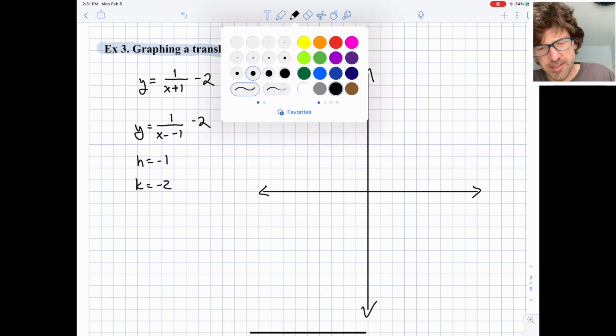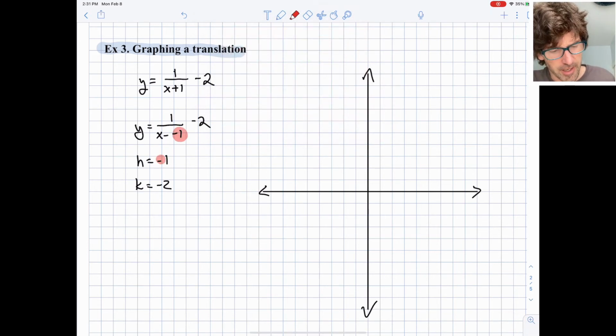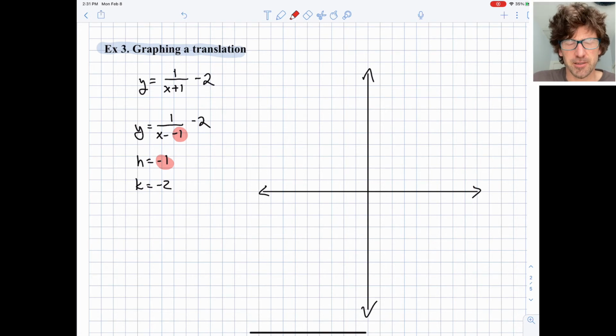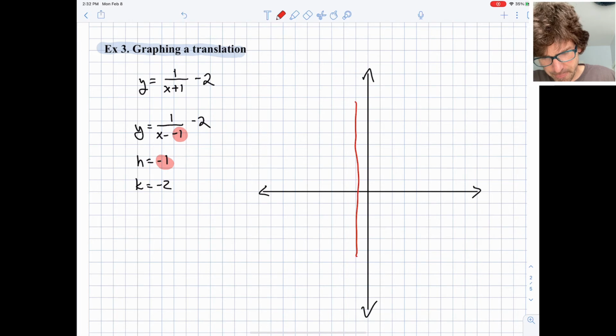So really we can see that the value of h itself is -1, x minus a -1. So h is -1, k is -2. So our vertical asymptote is going to be at x equal to -1. And our horizontal asymptote is going to be at y equal to -2.